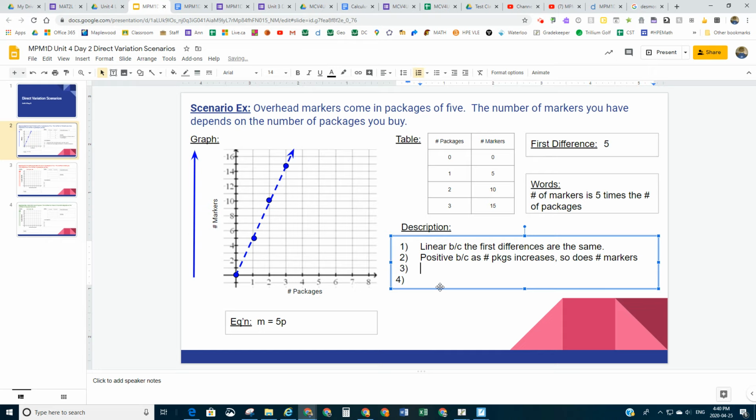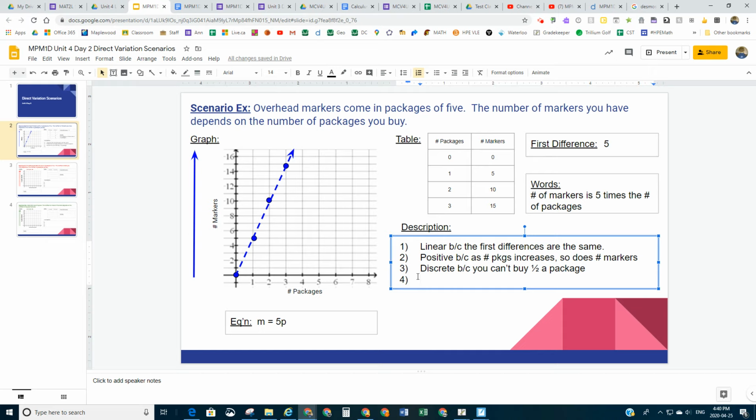Next, is it discrete or continuous? So this one is discrete. We already had this conversation because you can't buy half a package. Okay, so that's why we chose to do the dotted line as opposed to the continuous solid line. And then finally, is it indirect or direct?